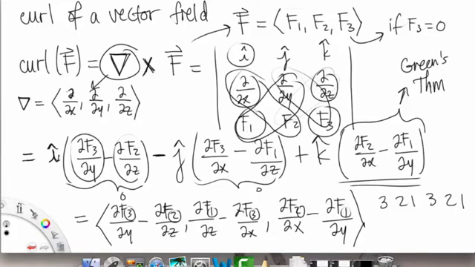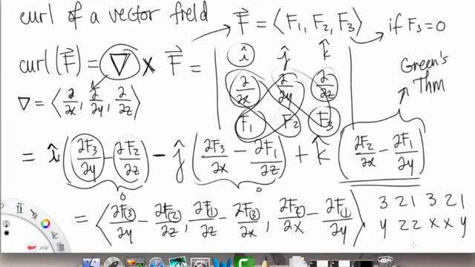And then on the bottom, I just wrote y, z, z, x, x, y. Just remember that pattern, and you'll be pretty much set to set up the curl. And of course, you have to remember the minus signs go in between, alternating. So anyways, that's how you set up the curl.